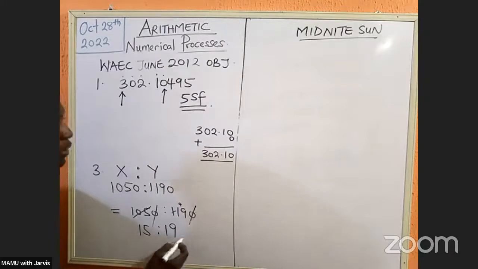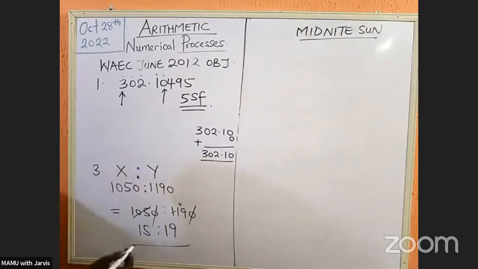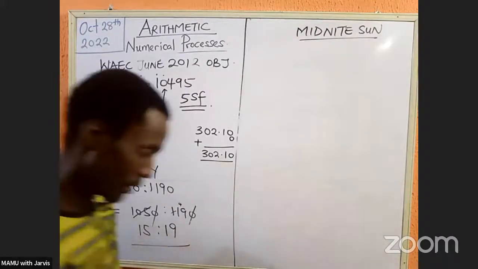So the ratio of the enrollment of X to Y will be 15 is to 19. All right. So that settles that question.